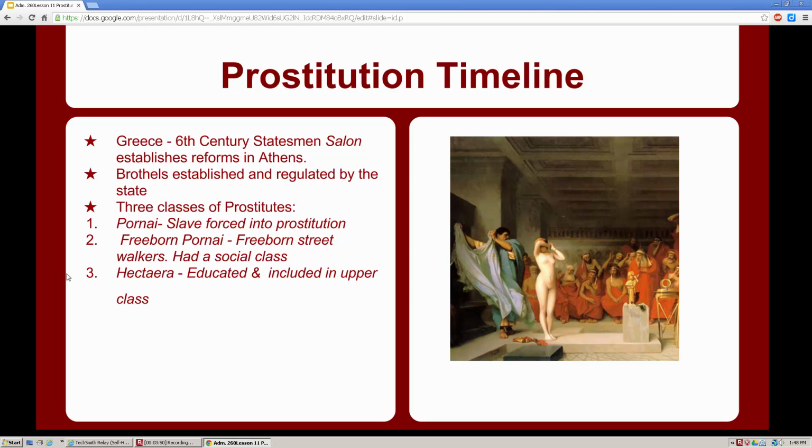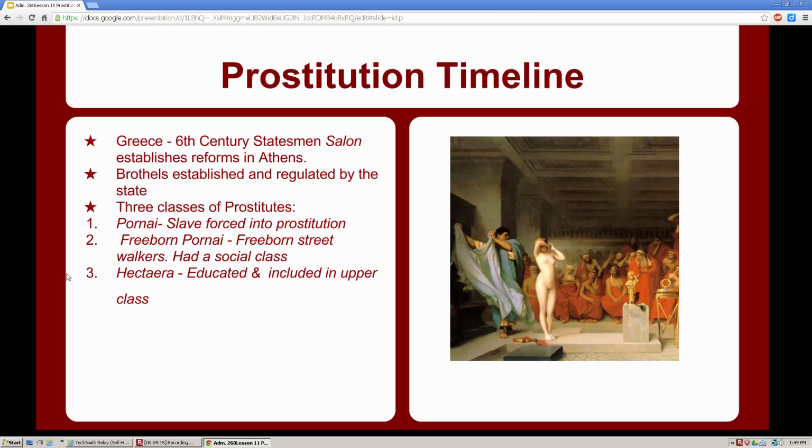You had the slave prostitute, that was a person that was taken into captivity in different Greek wars. And you also had the freeborn pornai, which was an actual Greek citizen, lower social class, but nevertheless had a social class, unlike the slave pornai. They had no class whatsoever.